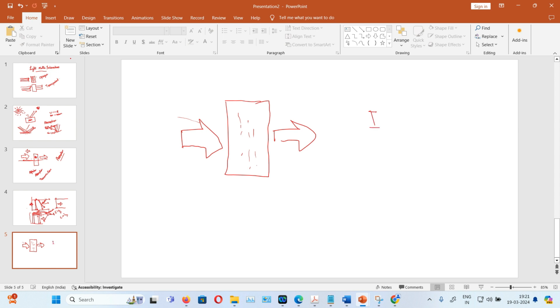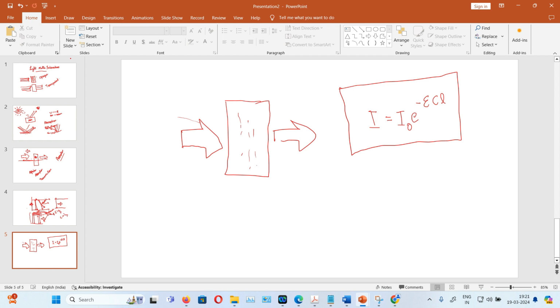If you consider light intensity, I is equal to I naught e raised to minus epsilon c l. This is the relation, and this law is called Beer-Lambert's law.